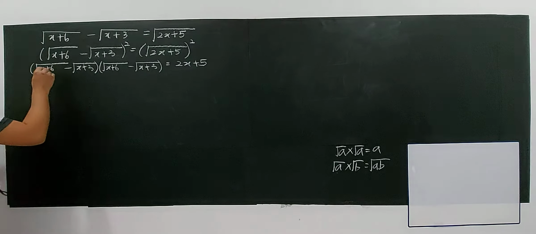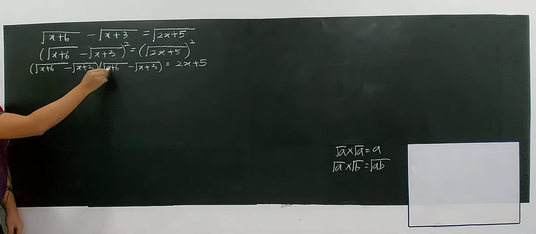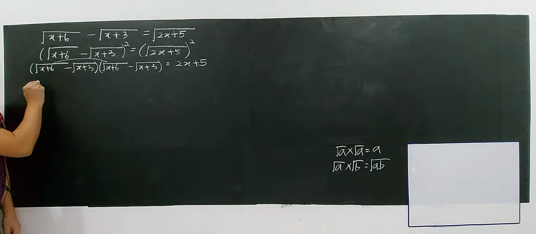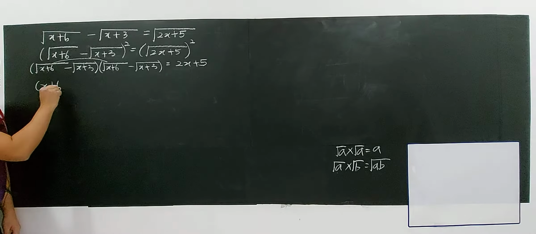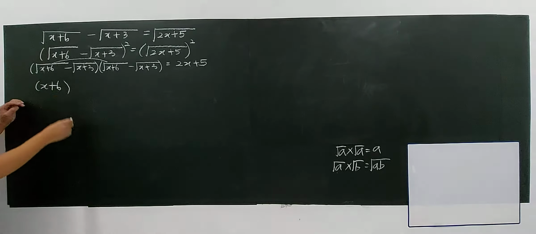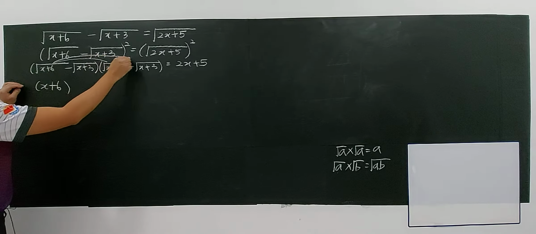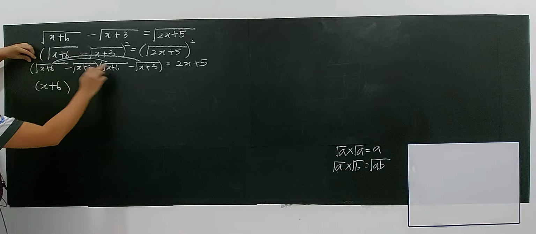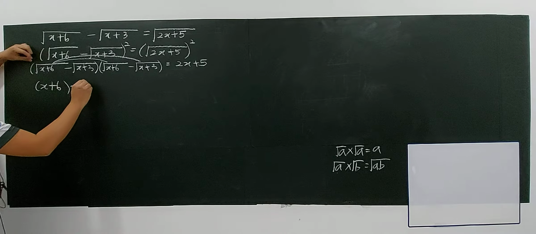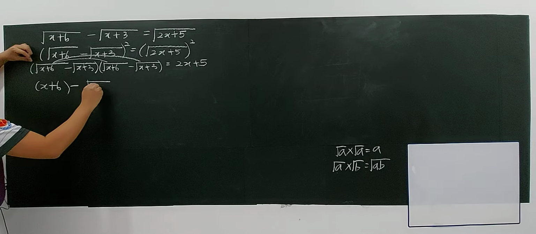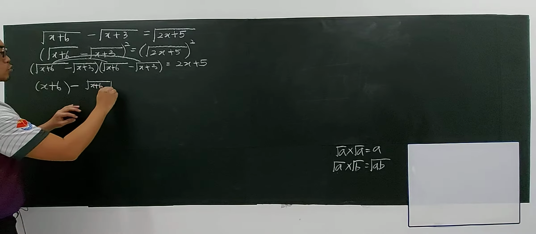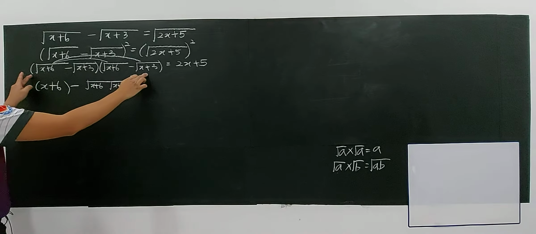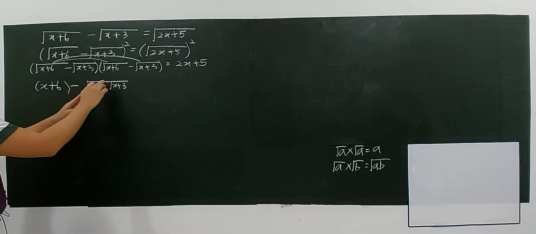You can try to understand. In this case, these two are identical, right? A and a. So if I expand the square root of a and the square root of a, I will get x plus 6. I apply the first rule there. The following will be the first term and the second term here. So it will be positive, negative: you have negative the square root of x plus 6 times the square root of x plus 3, right? These two are the same, so you can combine them together.